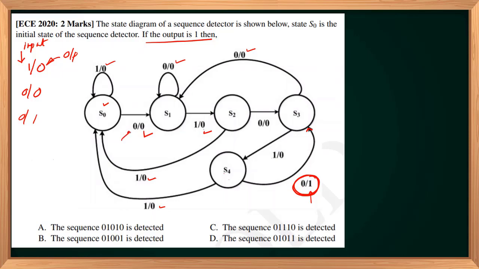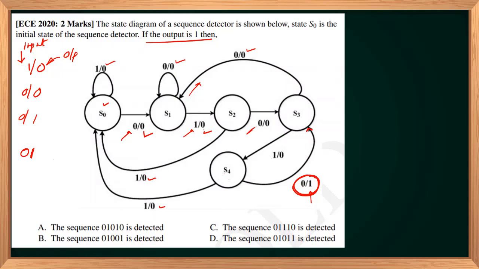We have an input 0, so I'm writing 0 here. I'm going to S1. I should reach S4, so I should cross S2. I cannot go this way, the arrow is reversed, so I can go from left to right. Okay, so S1, then I'm going to S2, the input is 1, so I'm writing that.